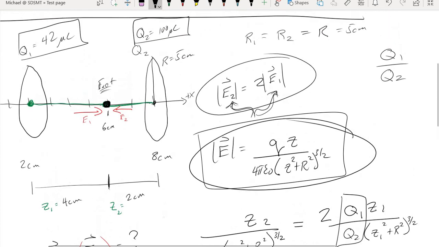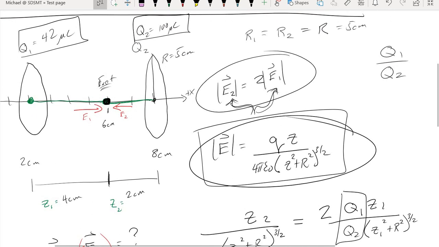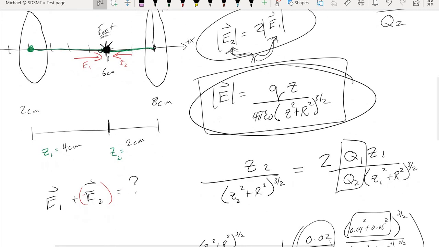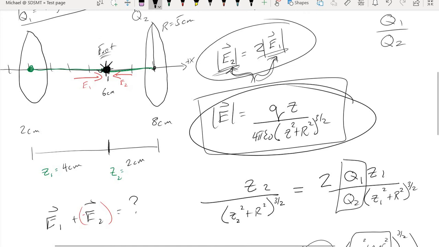And given that ring 2 has a much larger charge, and that ring 2 is much closer to the point in question, my gut instinct is that since the magnitude of charge 2 is so much larger than charge 1, in fact there should be a 2-to-1 ratio there.